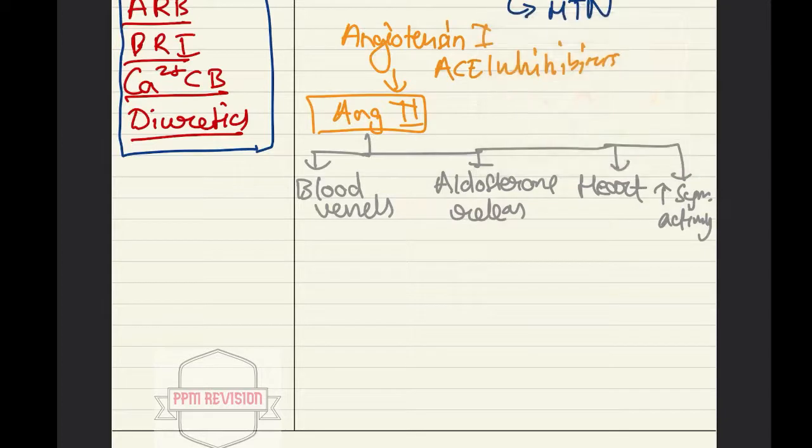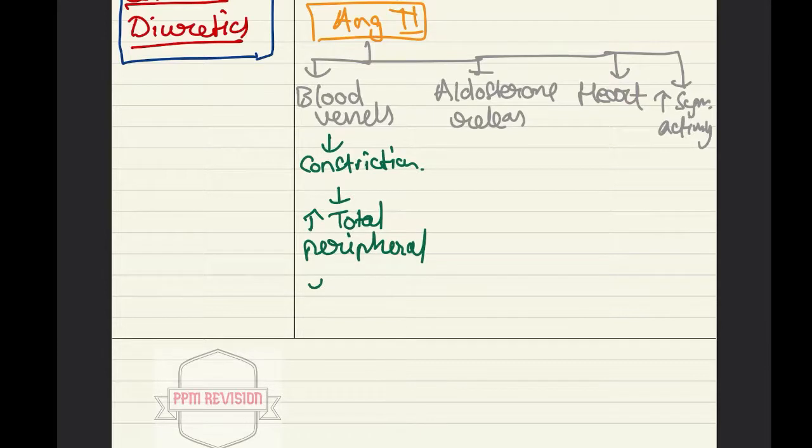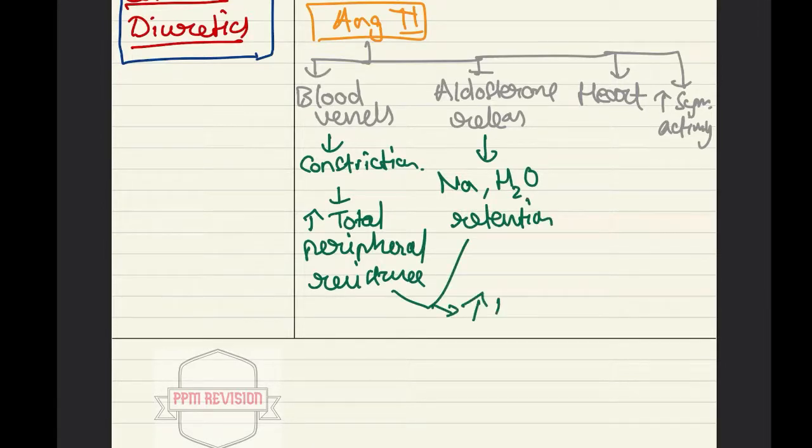Now looking at the points under blood vessels, it results in constriction and increases the total peripheral resistance. And looking at the aldosterone release, it results in sodium and also water retention, and this results in rise in the blood pressure.